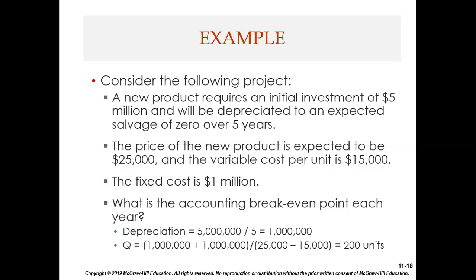Just like I showed you in the Excel, we take the depreciation, which would be 5 million divided by 5, or $1 million a year, added to the fixed costs, and then divide by what we call the contribution margin, or selling price minus variable costs, which would be 20,000. So in order to break even on an accounting income, the company has to produce and sell 200 units.